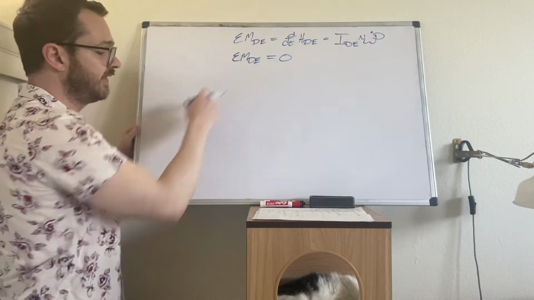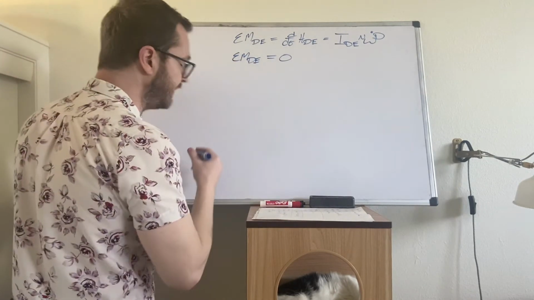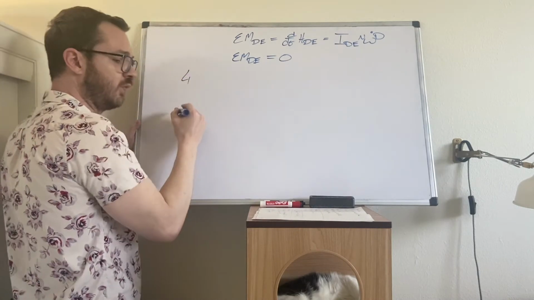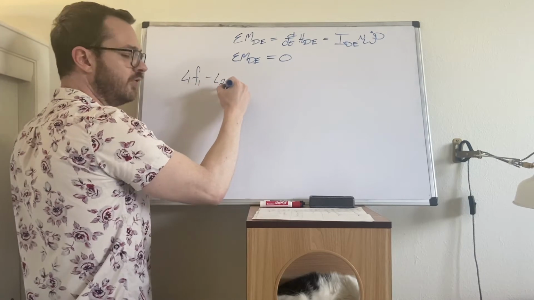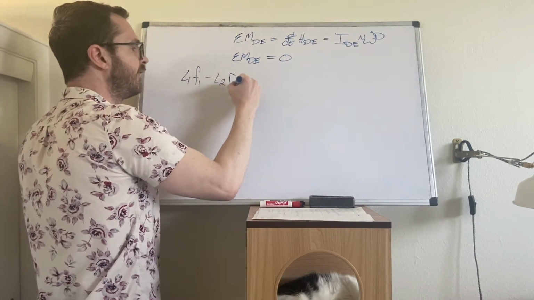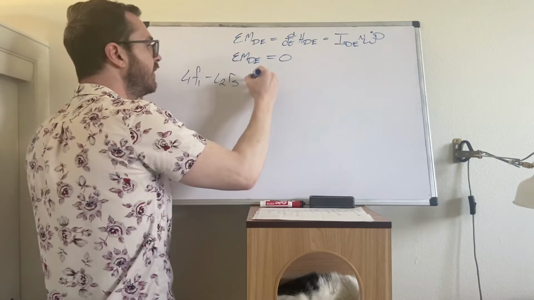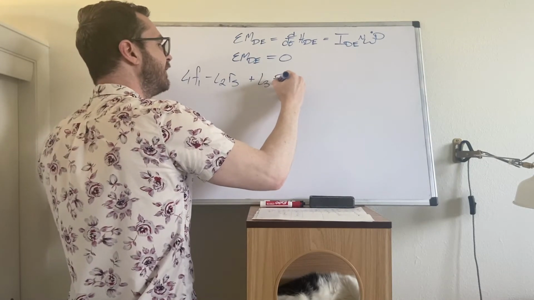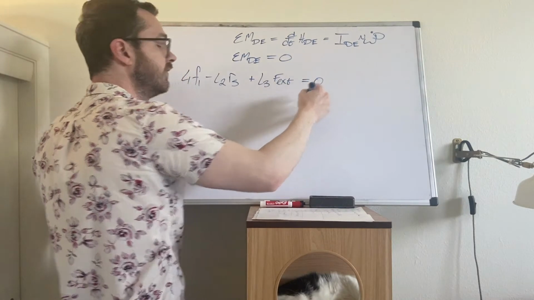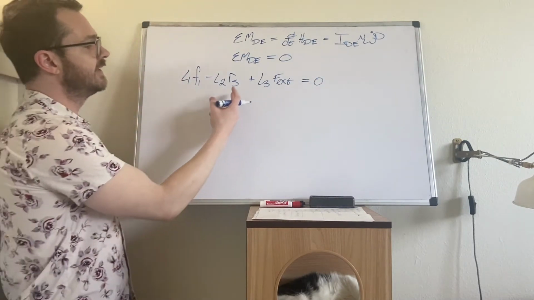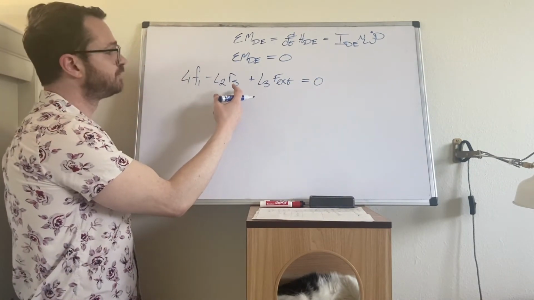We already have the left-hand side, so I'm just going to copy it down. This was L1 F1 minus L2 R5 plus L3 F external, and that is going to equal 0. We needed an expression for R5.